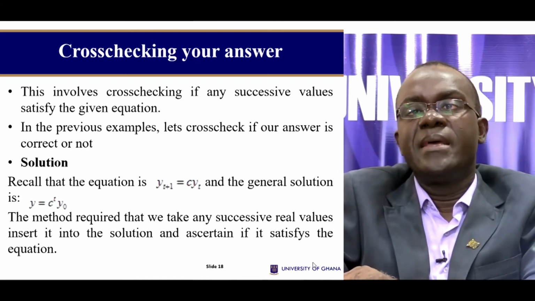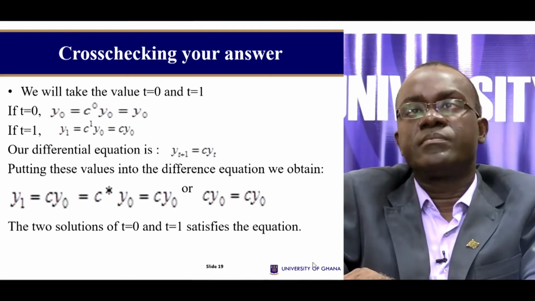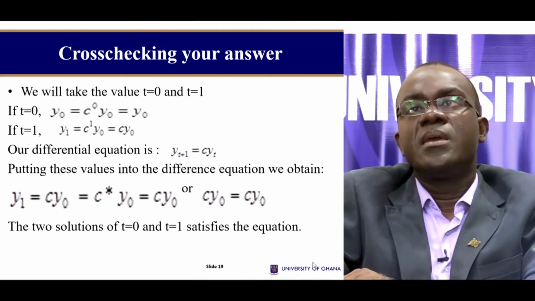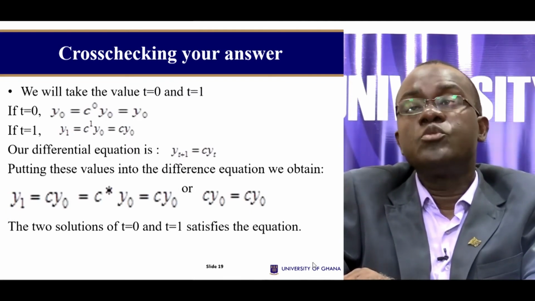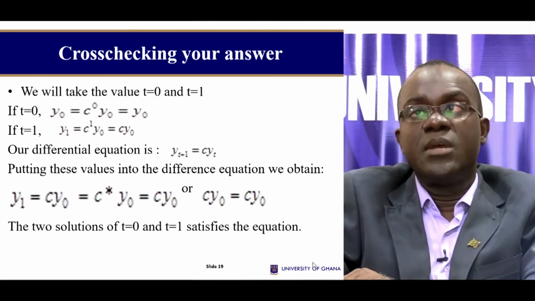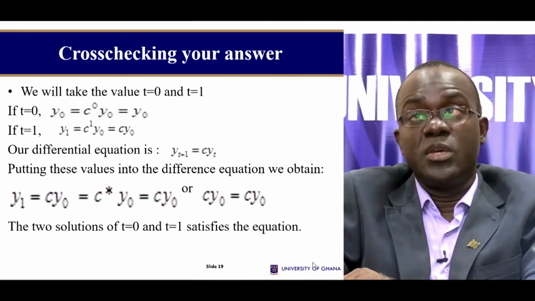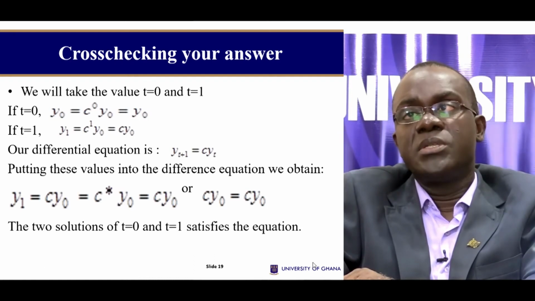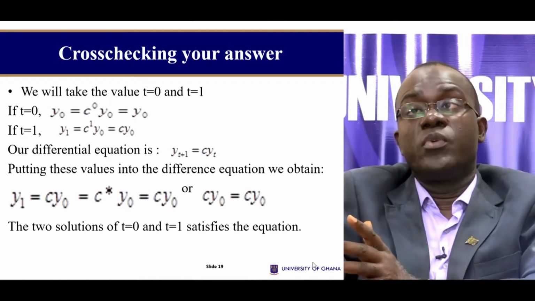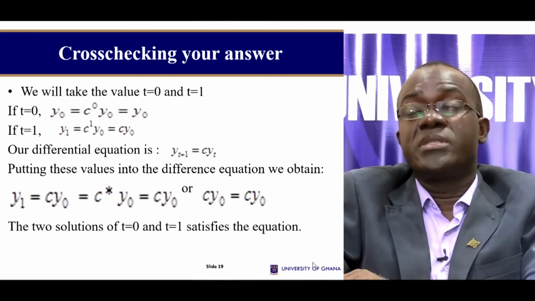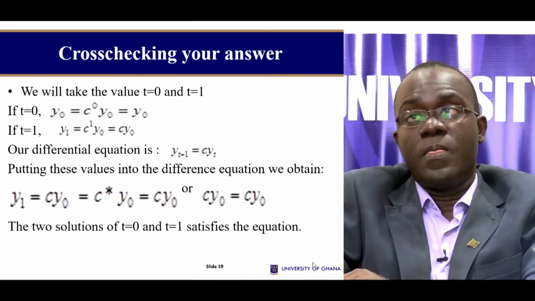What we do is take this equation, and then take any two successive values, t equals 0 and t equals 1. I've taken t equals 0 and t equals 1 just for simplicity. You can take t equals 3 and t equals 4.